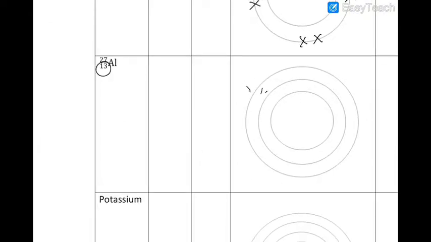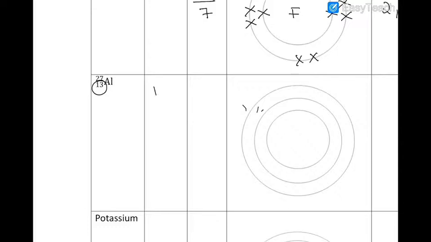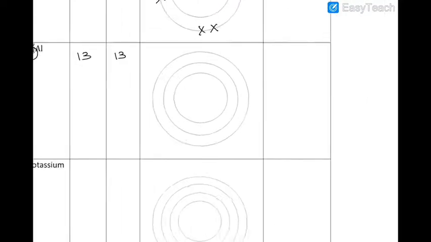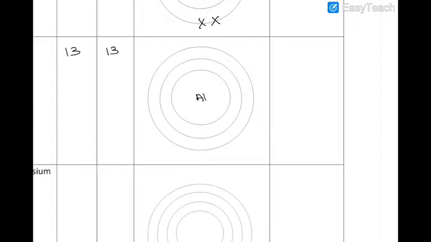Aluminium, as another example, has 13 protons, so it will have 13 electrons. We'll draw the electronic structure by writing the symbol at the center, aluminium, and then we'll start filling. The first 2 electrons go in the first shell. Of the 13, we filled in the first 2, so we have 11 left. Now out of the 11, only 8 can go in the second shell, so we fill up the 8.